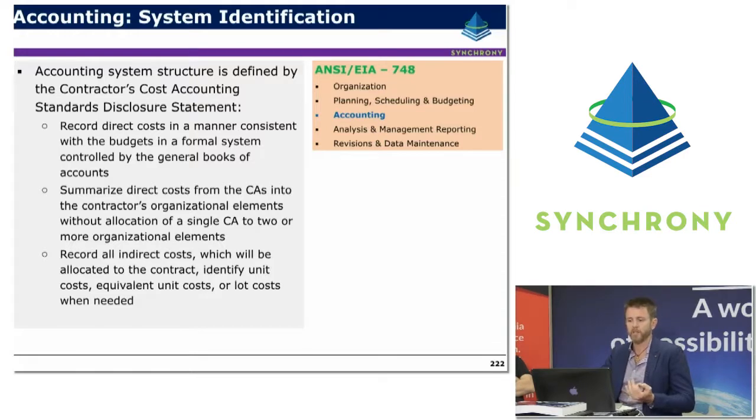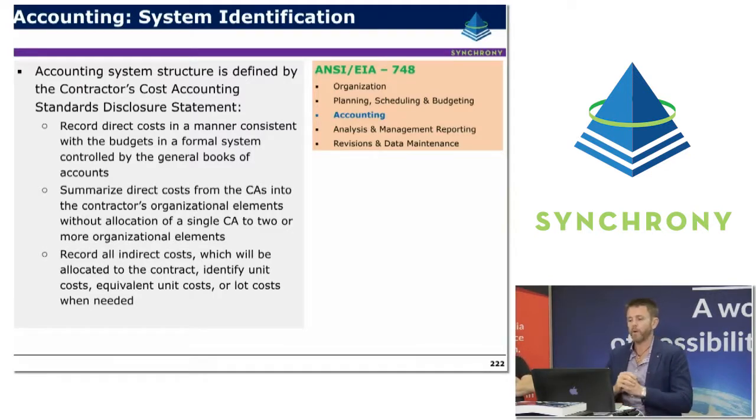And it's about summarising direct costs from the control accounts into the contractor's organisational elements without allocation of a single control account to two or more organisational elements. What that basically means is that each control account should only be allocated to one control account manager, or one organisational unit. So no doubling up of scope and reporting.